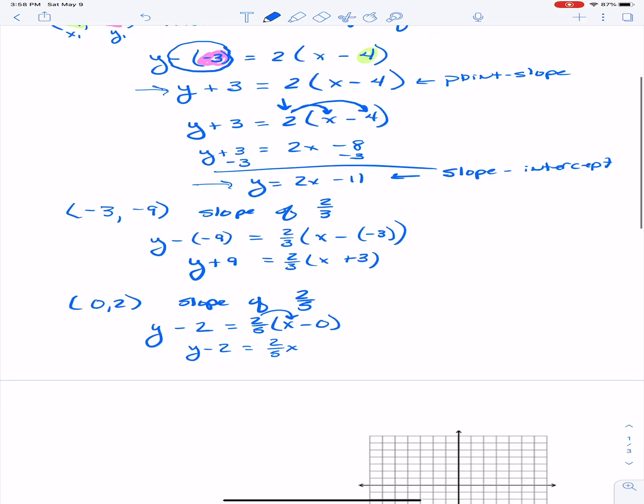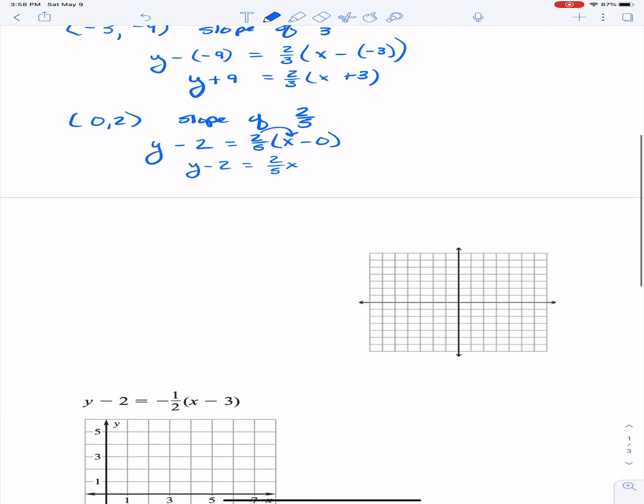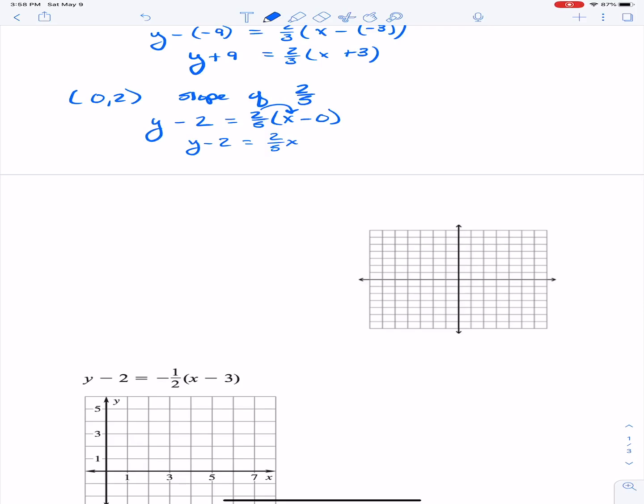Let's use this for some other things. So let's use the point-slope form, and we want to graph an equation in the point-slope form. So we're going to graph y plus 2 equals 2/3 times x minus 3. Well, there's two ways you can do this.